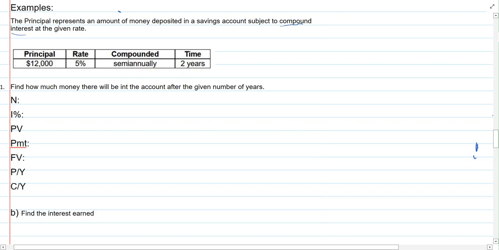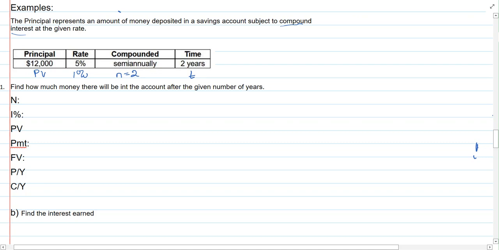So right here we have the principal. Okay, so that's our PV, is 12,000. The rate, so that's our I% is 5%. Semi-annually means n is 2, semi means 2, and 2 years is my time.